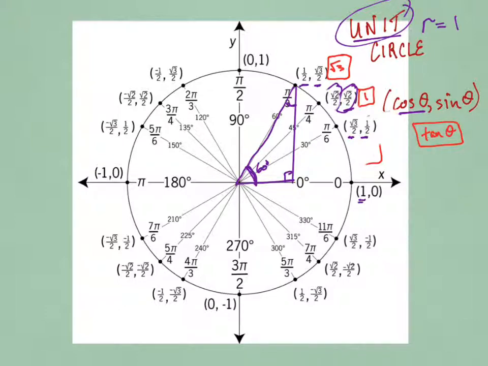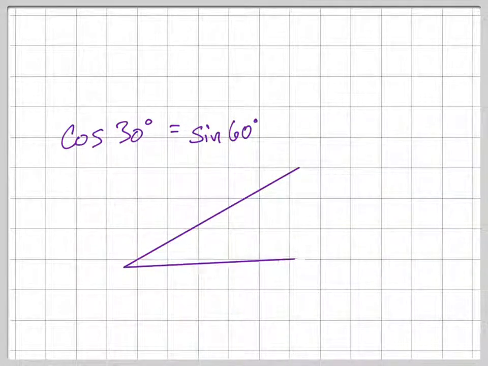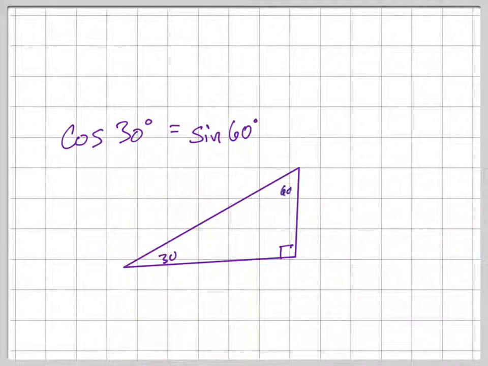Because the cosine, let's talk about that. The cosine of 30 is the same as the sine of 60. And the reason for that is because if you look at your triangle right here, if this is a 30, 60, I know I didn't draw it very well, but let's say this is a 30, 60, 90 triangle. What's the cosine of 30?